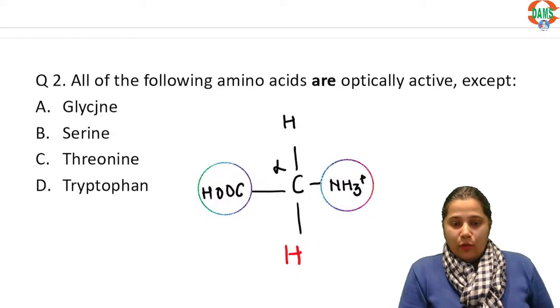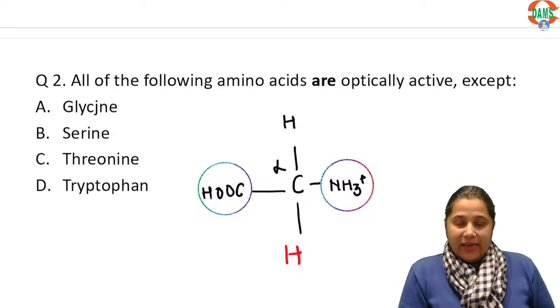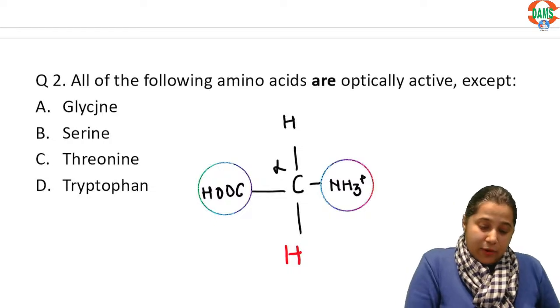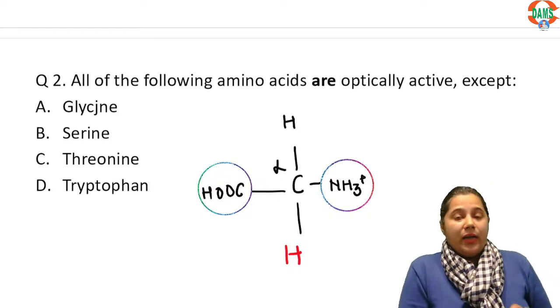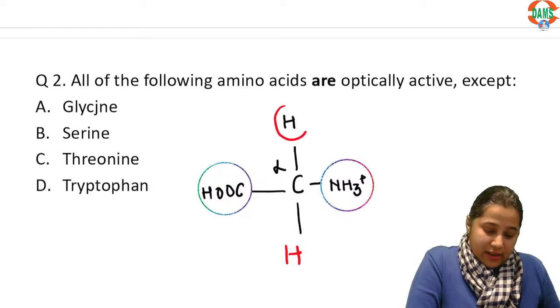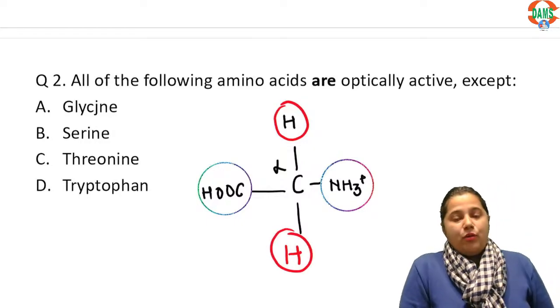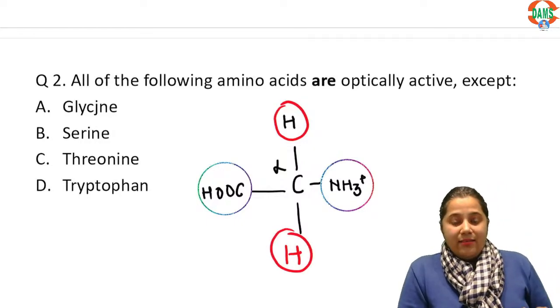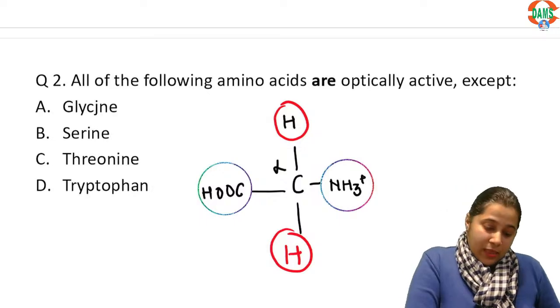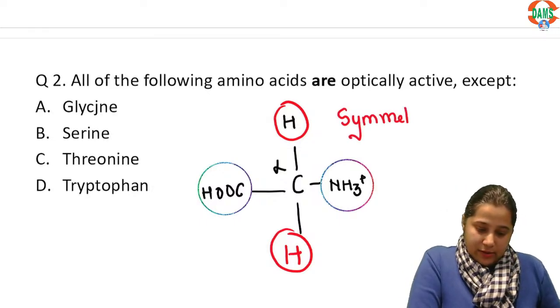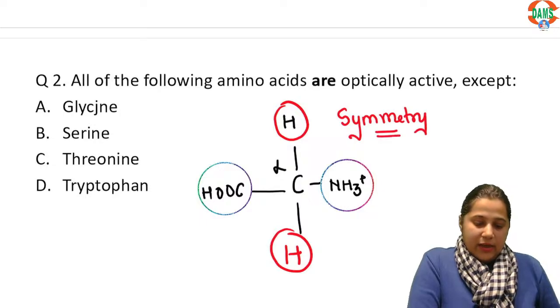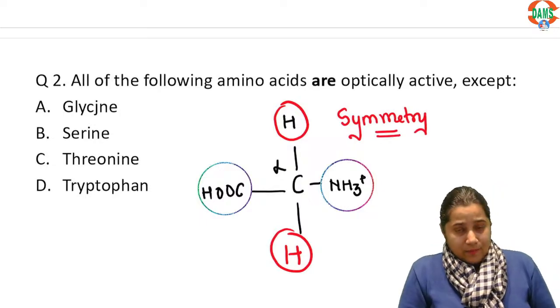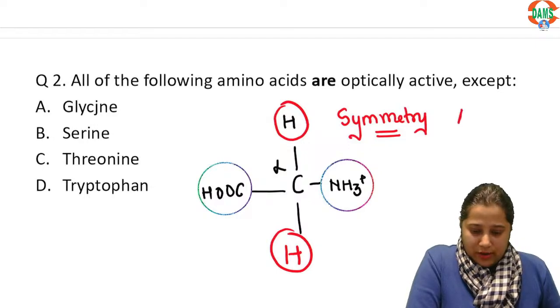So all the following amino acids are optically active except glycine, because glycine is a symmetrical molecule. Two of its substituents are hydrogen, hence it has symmetry. Now because of its symmetry, it is optically inactive. In other words, we can also call it achiral.